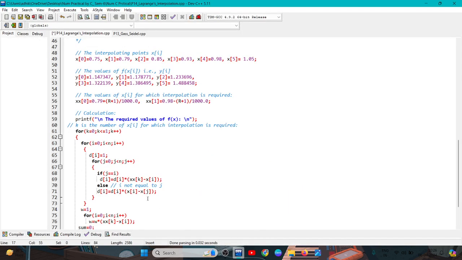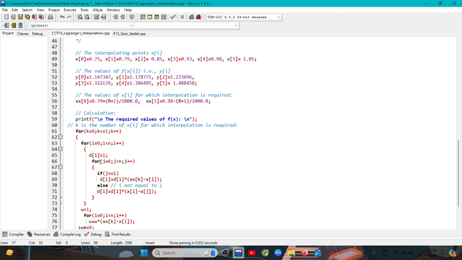So this is the di computation. Initially d0 equals 1, and for j equal to 0, j less than n, j runs from 0, 1, 2, 3, 4, 5 up to 5 here because n is 6. If j equals i, di equals di times xx_k minus xi.